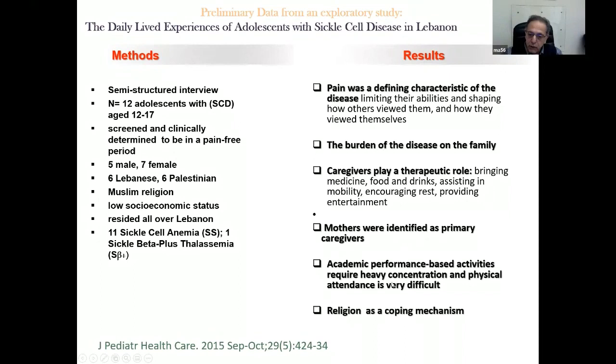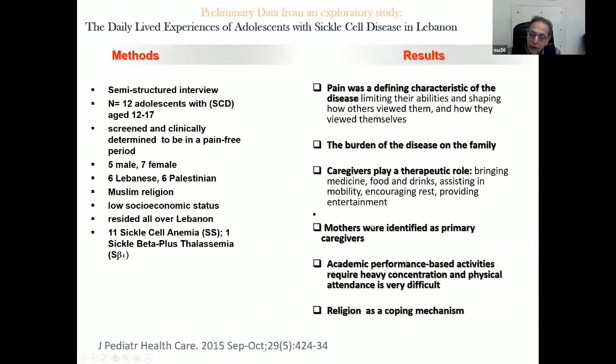Mothers were usually the primary caregivers, and academic performance required heavy concentration, and physical attendance was usually difficult, and religion was a coping mechanism. Again, you see reflected in an adolescent population that's younger than the SWAY population the same issues.